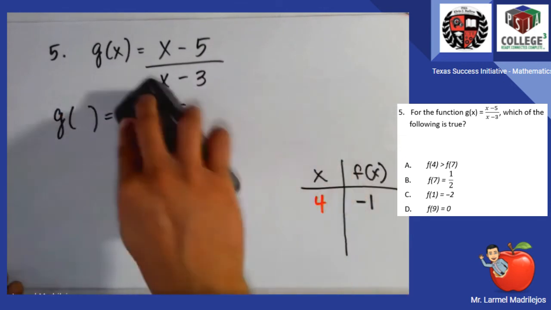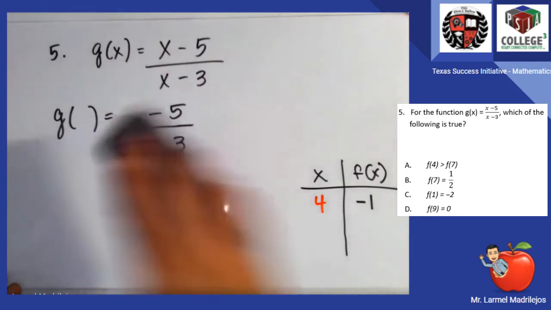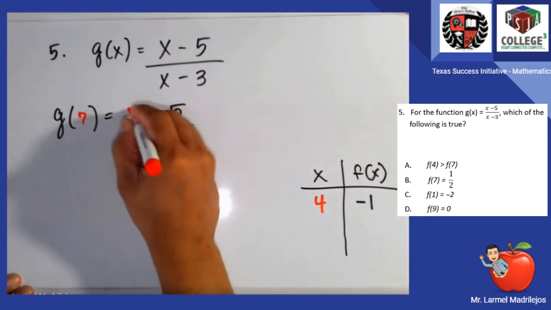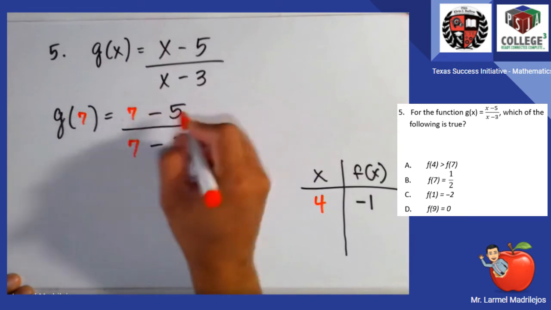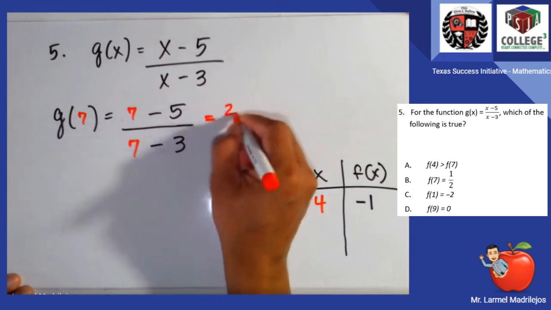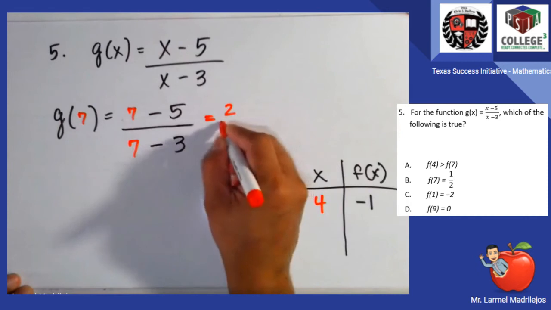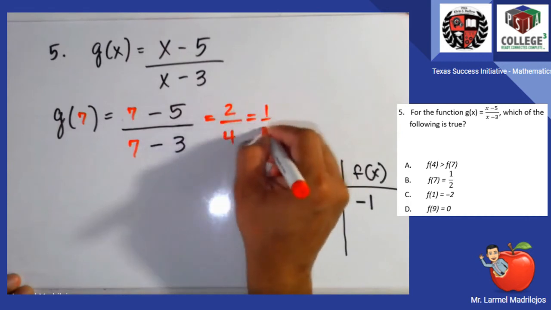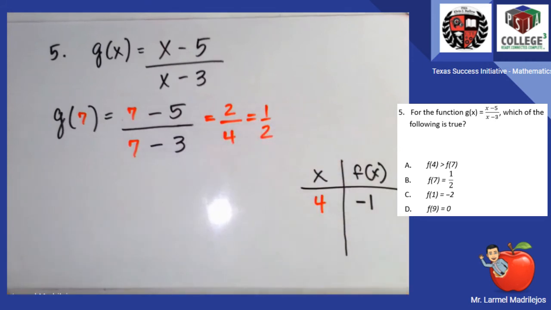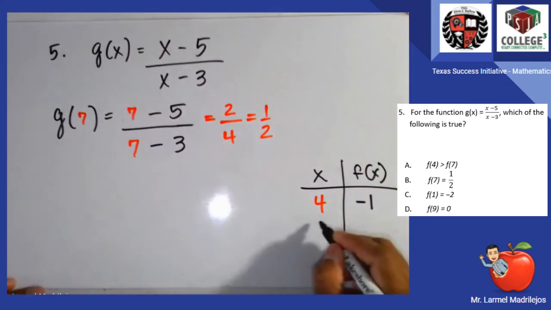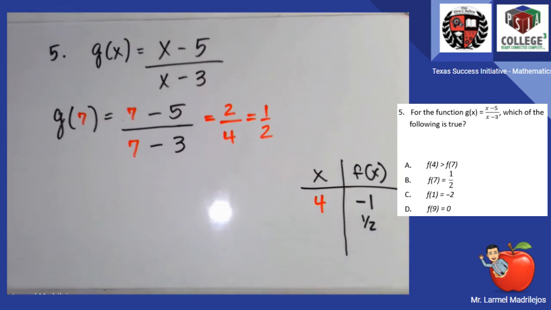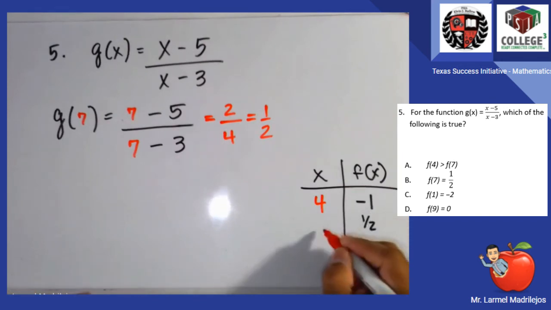Okay. Let's change this to 7. Still working letter A. If I change this to 7, 7 minus 5, it's 2. 7 minus 3, it's 4. Or if I simplify that, it's 1/2. So 7, my bad. This is 1/2. This is 7.